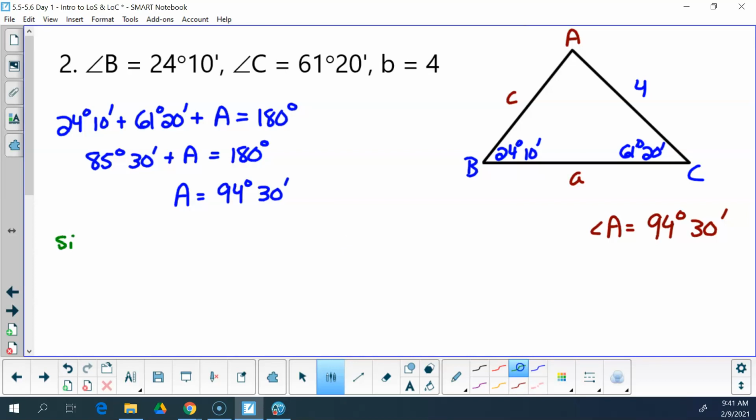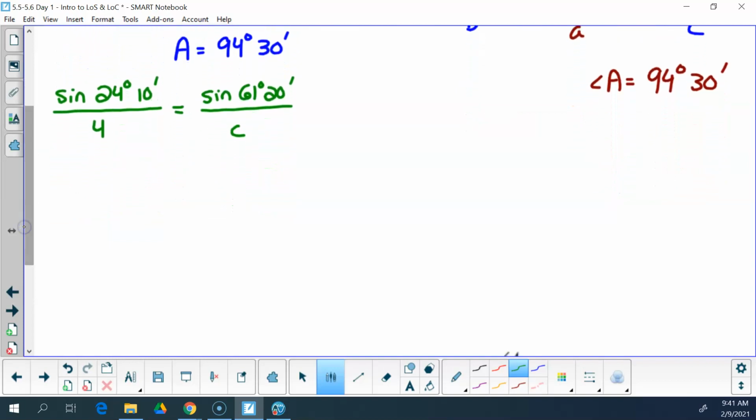So then the sine of 24 degrees 10 minutes divided by the side of 4 is going to equal, we'll go with the sine of 61 degrees 20 minutes all over side C. C times that is going to be 4 times that.